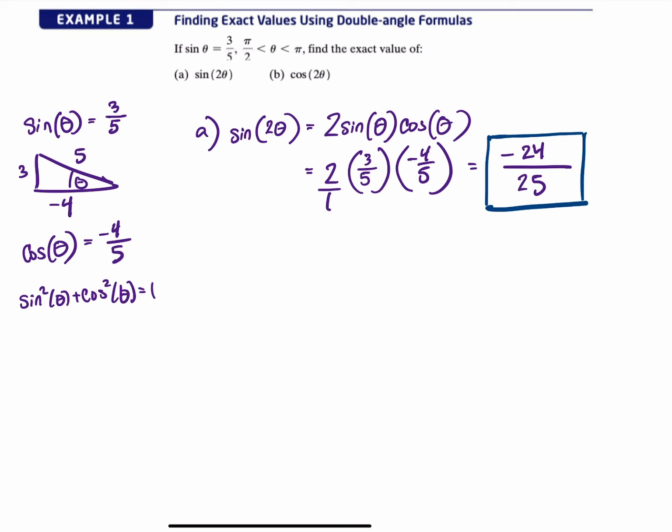So let's do part B. This wants the cosine of 2 theta. And we just saw we have 3 different definitions. We can use any one that we want to. Let's just use that first definition of it being cosine squared minus sine squared, since we know both sine and cosine.